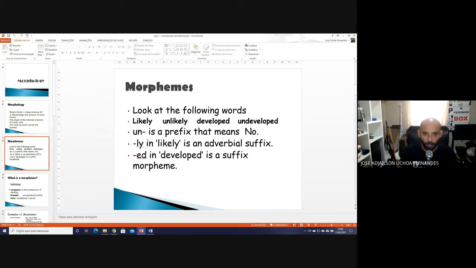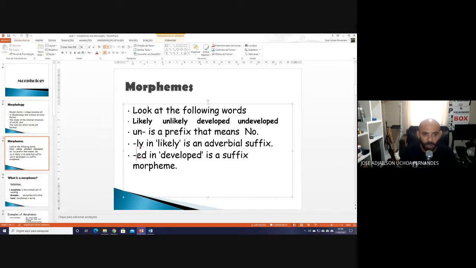If you take, for example, unlikely and undeveloped, un plays the role of producing a negative effect, okay? Ly in likely will produce an effect of changing the word class, in this case from a verb into an adverb.